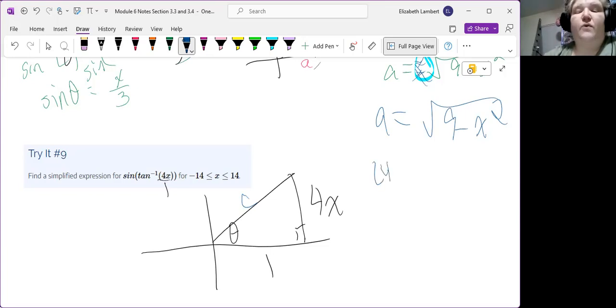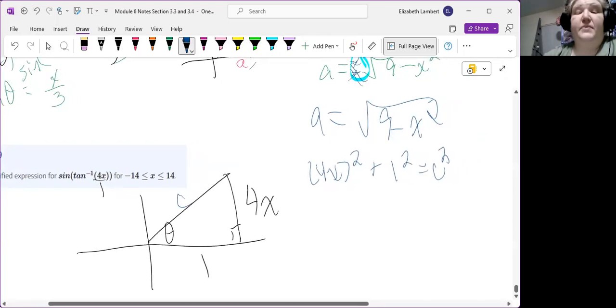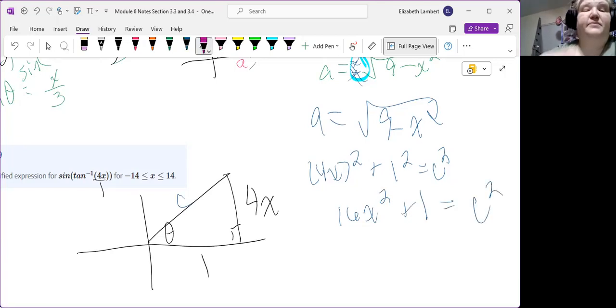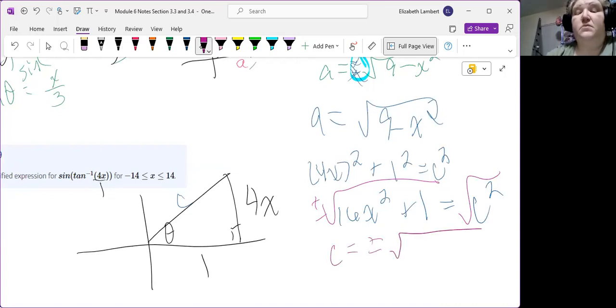So 4x squared plus 1 squared equals c squared. So this is 16x squared plus 1 equals c squared. So since we are square rooting, we apply the plus or minus for now, and then we're going to consider, is that needed? And it may very well be needed.